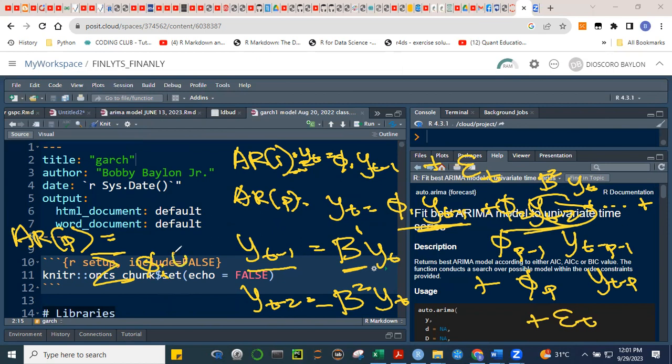And then y sub t minus i, and then we have plus yung error term natin, where i ranges from 1 to p. So that's phi sub i, y sub t minus i. Okay, yung i ranges natin from 1 to p kasi AR sub p.